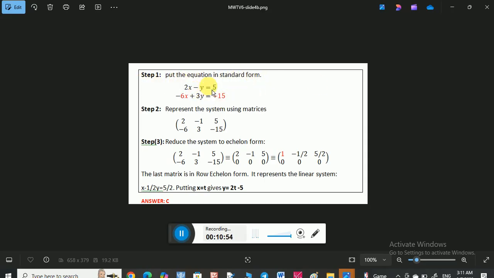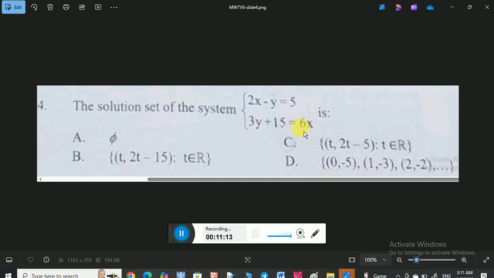That means take all constants to the right hand side, and all variables or unknowns to the left hand side. For example, in the current problem, in the second equation, x is on the right hand side, and we have to take 6x to the left hand side.